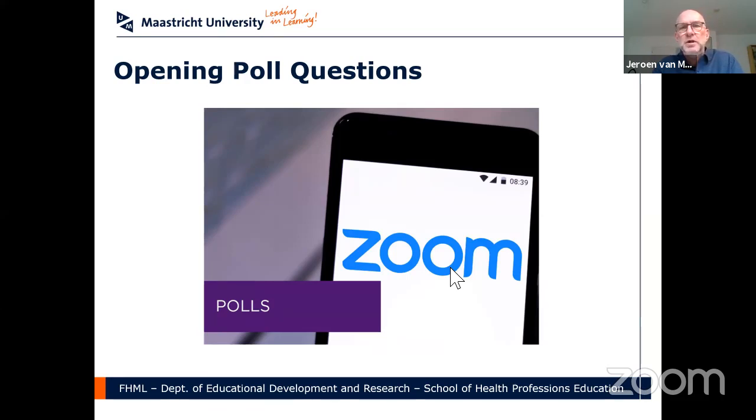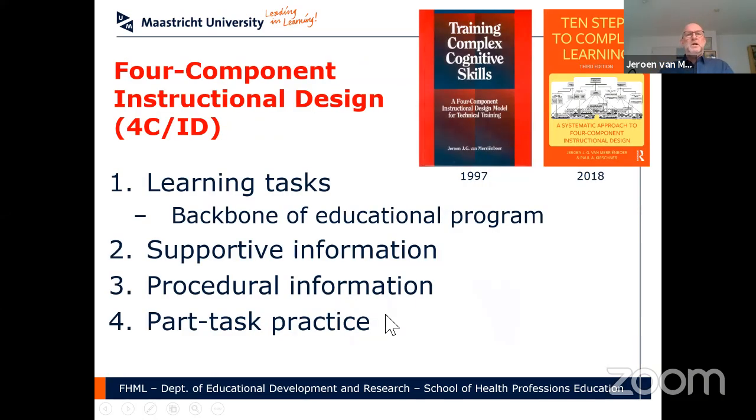Let's go to the 4C/ID model, 4C/ID meaning 4-component instructional design. And if you are interested in learning more about the model, it has been described in 2 books.